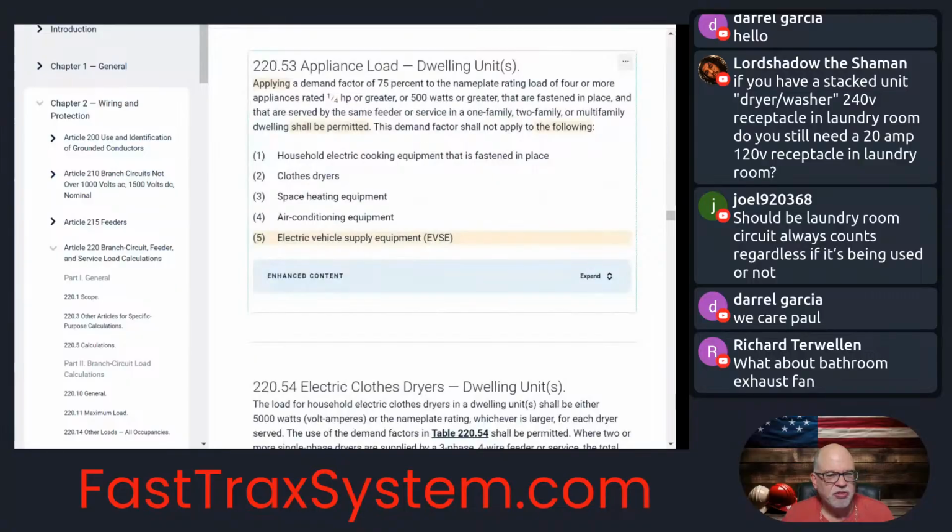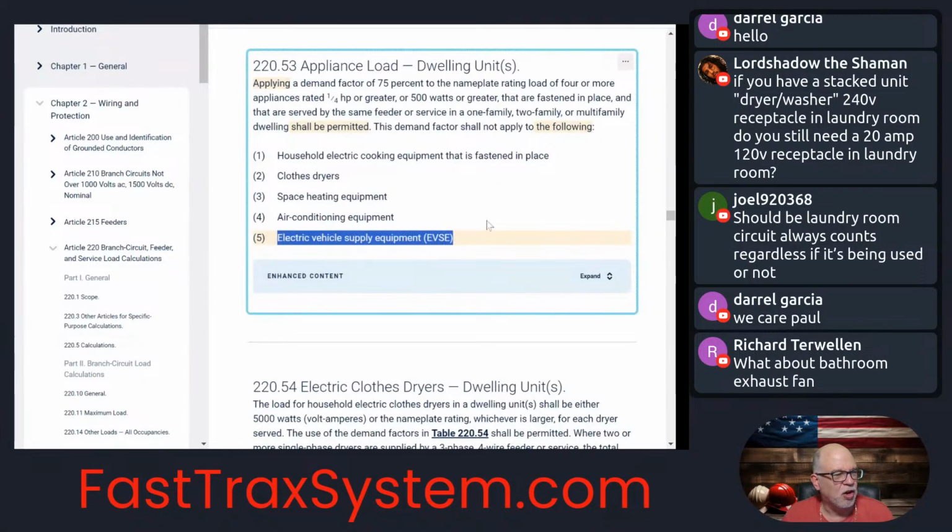So here's the appliance, and you see in the 2023 that it again does not apply to the following. So again, the EV chargers cannot be in this mix. But here's the deal. That 75% demand when you have 4 or more is going to be based on this. It says 4 or more appliances rated 1/4 horsepower or greater, or 500 watts or greater.